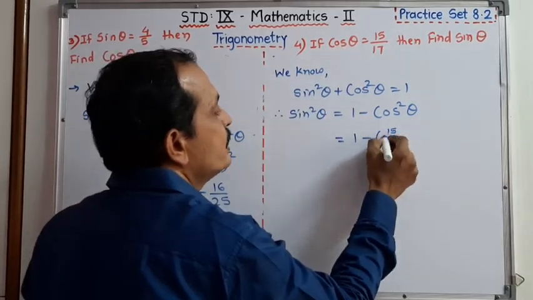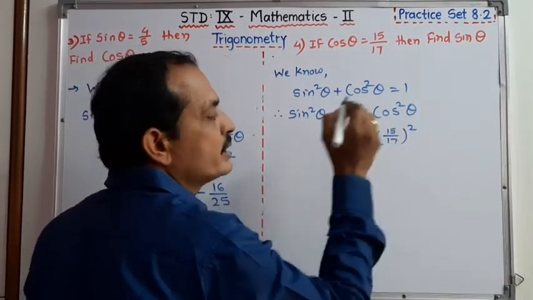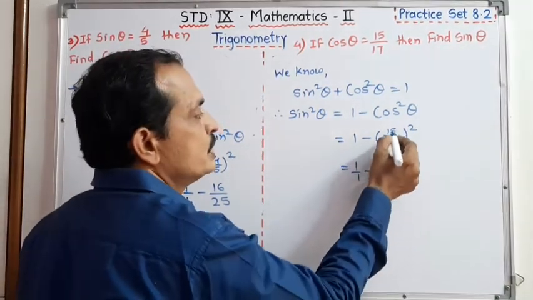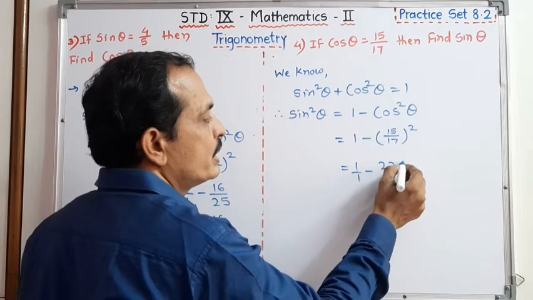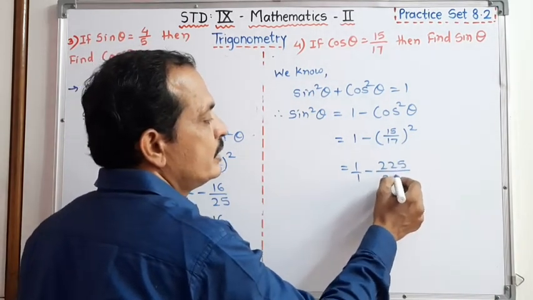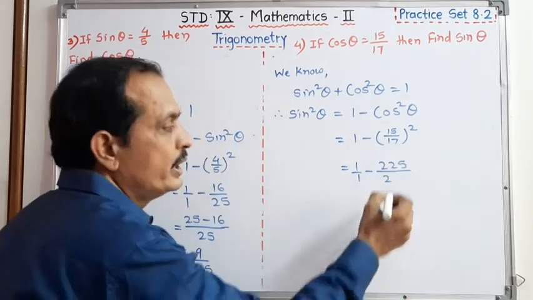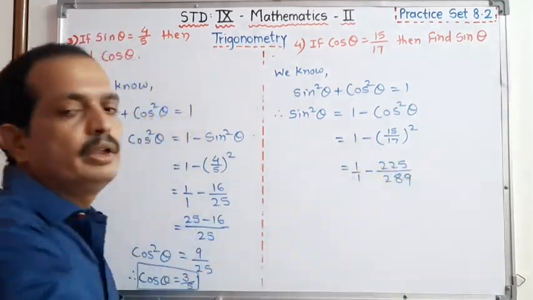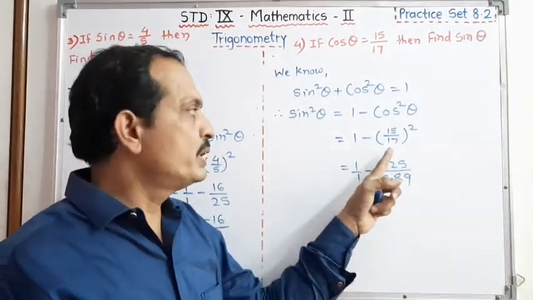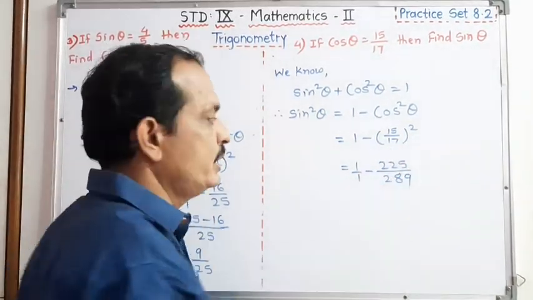It is 15 upon 17 bracket square. Now it is 1 minus square of 15, it is 225, and square of 17, it is 289. Got it? 225 is the square of 15 and square of 17 is 289.